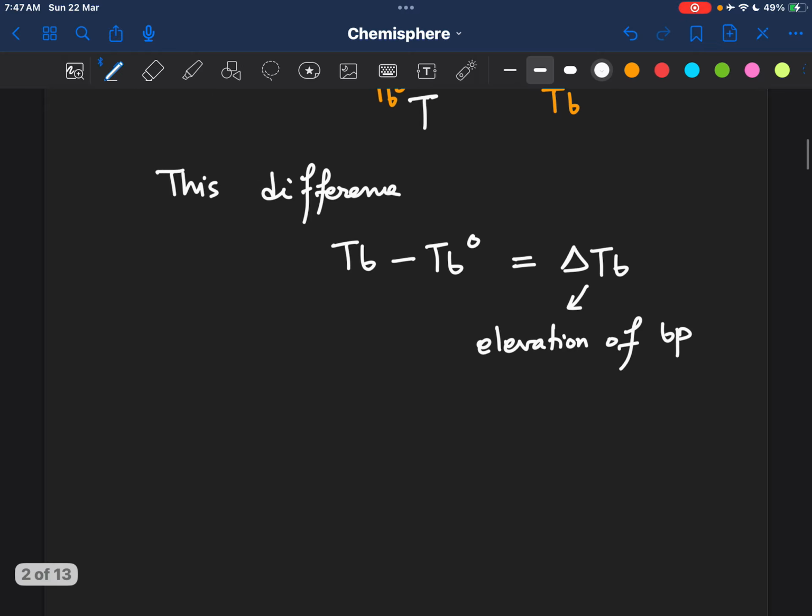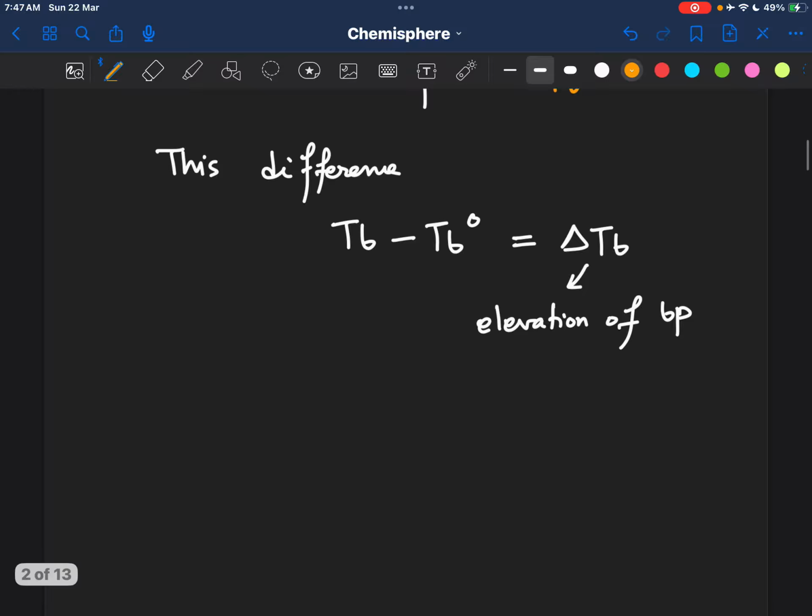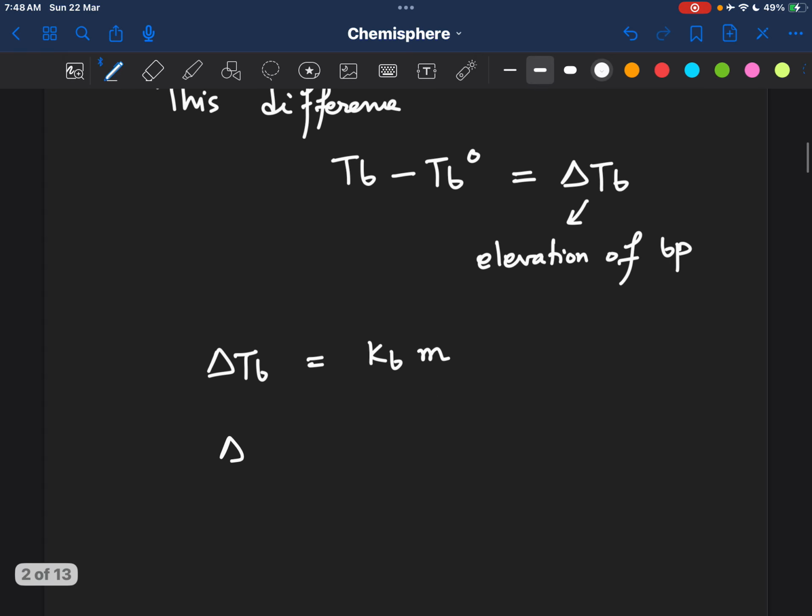When we take into consideration association and dissociation, delta TB for a non-electrolyte is Kb into m. But there are certain solutes which can undergo association or dissociation, so for them we modify the formula to delta TB equals i into Kb into m, where i is the Van 't Hoff factor.